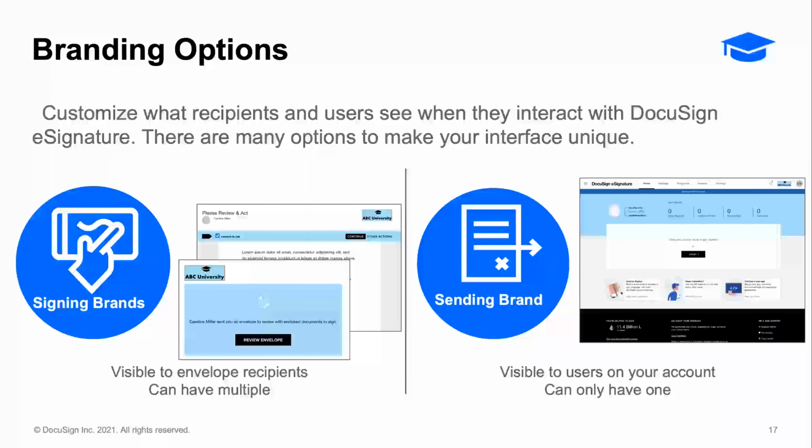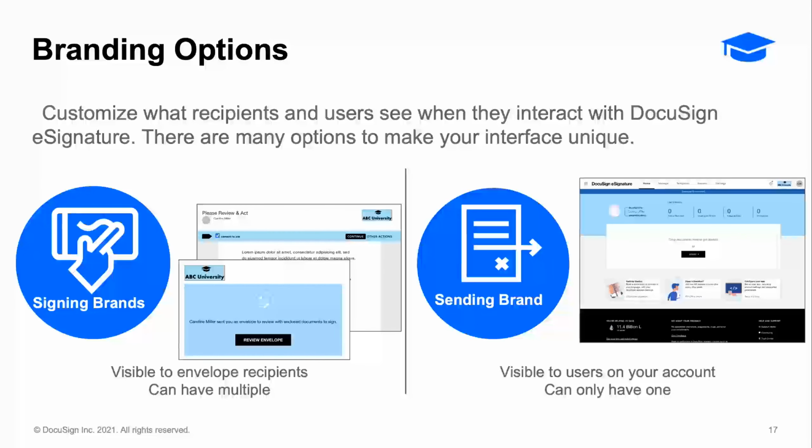There are technically two different types of brands that you can set up. There's a signing brand, which is going to be visible to your recipients when they're signing envelopes. You can use a signing brand to really reinforce your brand presence for your recipients, as opposed to using the generic DocuSign branding. You can also use a signing brand to even direct people to a specific site after they finish signing.